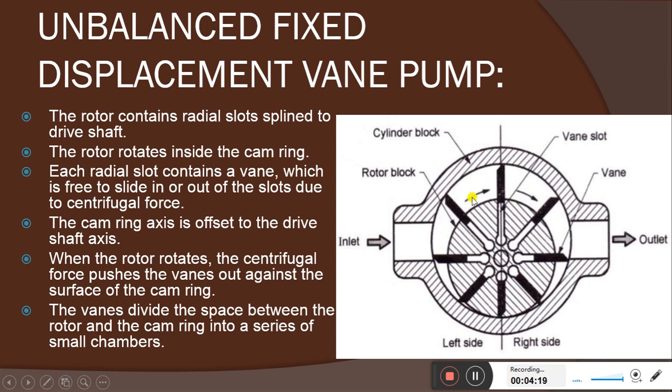Next, this liquid is transmitted. You can see these vanes make a block-like structure, so one block of liquid is taken away and transmitted to this portion. The liquid is collected here because of the reduction of volume. You can see the rotor is eccentric to the cam ring.